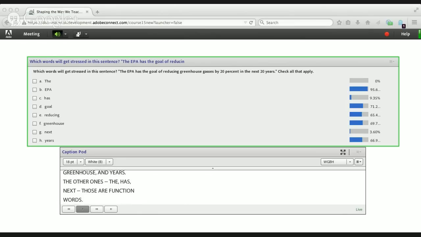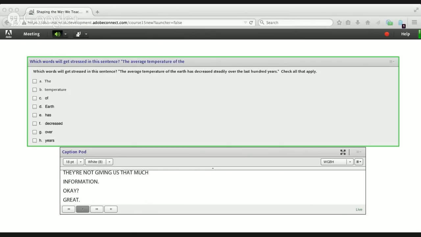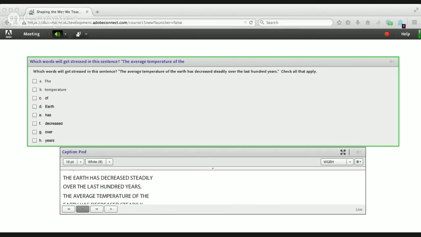Great. And we have a final practice for this. The average temperature of the Earth has decreased steadily over the last 100 years.